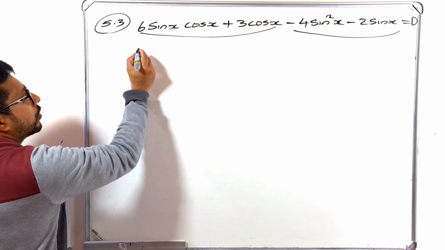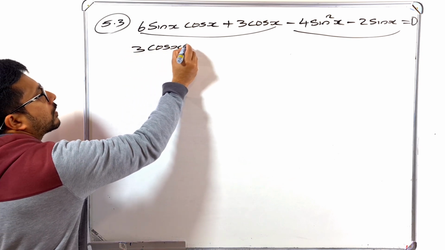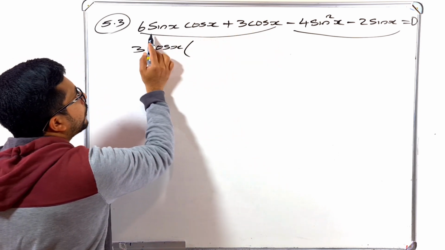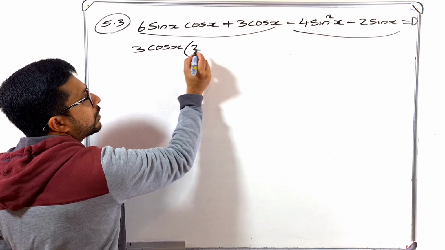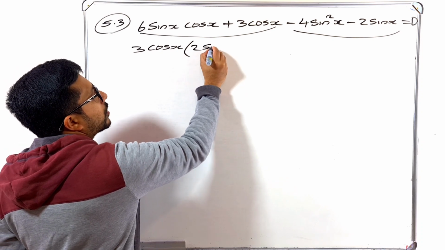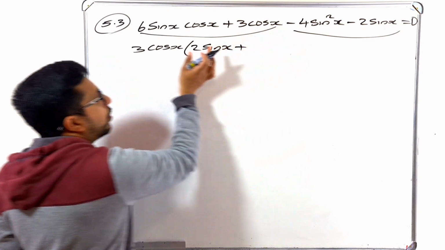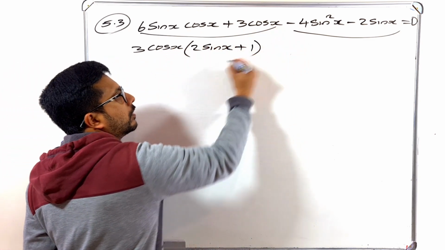So I'm going to take 3 cos x as a common factor. What is remaining here? 6 divided by 3 is 2, so 2 sin x, then plus 3 cos x, the whole thing we took as common factor, so remaining here it is 1.